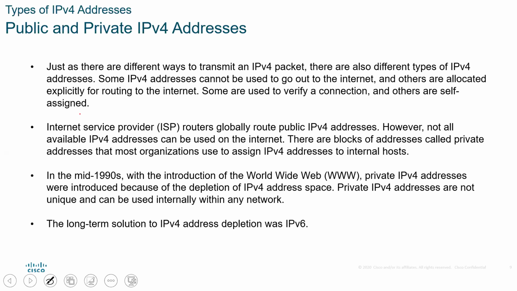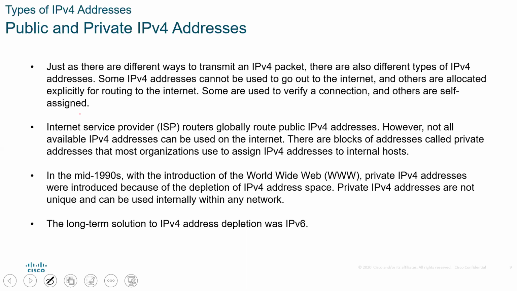So just as there are different ways to transmit an IPv4 packet, there are also different types of IPv4 addresses. Some IPv4 addresses cannot be used to go out to the internet, while others are allocated specifically for routing to the internet. And some are used to verify a connection, while others are self-assigned.